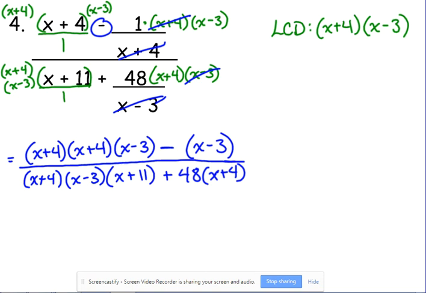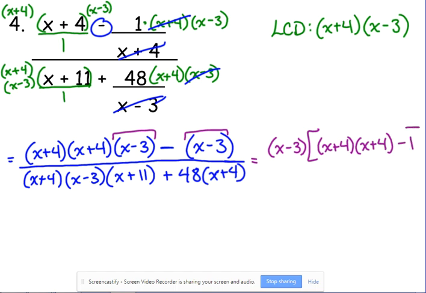X minus 3. Okay. Think of it kind of like when I introduced factoring by grouping to you guys. These both have x minus 3. So I can factor that out. So if I take it out, I've got x plus 4 times x plus 4 minus 1. I got to hold its place there.